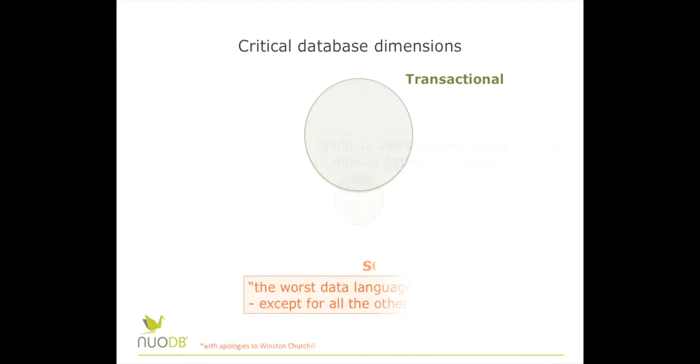But equally, there are lots of use cases that don't need transactions, and I already described a couple of those. So let's go on to the language of implementation. As Winston Churchill so famously didn't say, SQL is the worst data language except for all the others that have been tried. SQL's been around for decades.